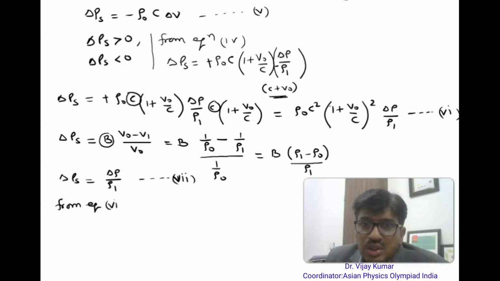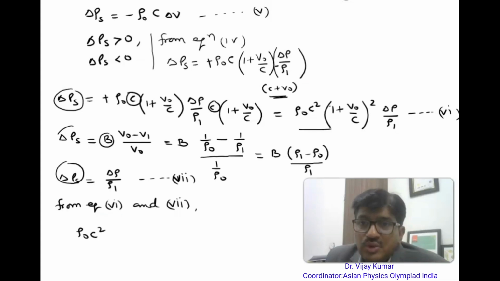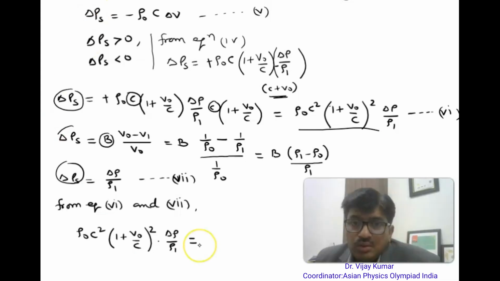So from equations 6 and 7, we obtain this is delta PS, this is delta PS. So rho naught C square (1 plus V naught upon C) whole square delta rho upon rho 1 should be equal to B delta rho upon rho naught.